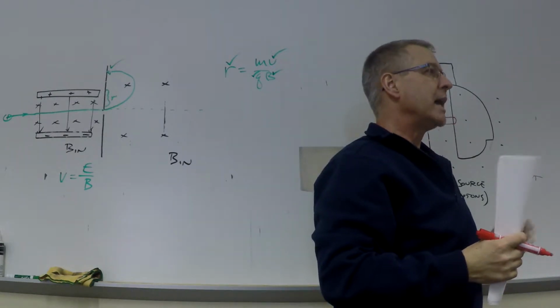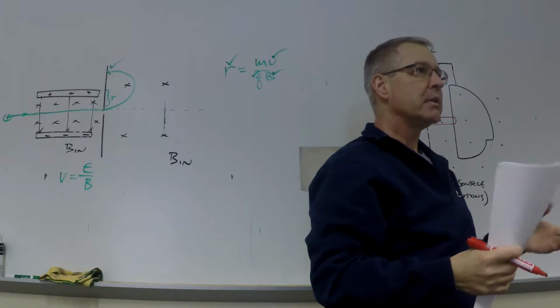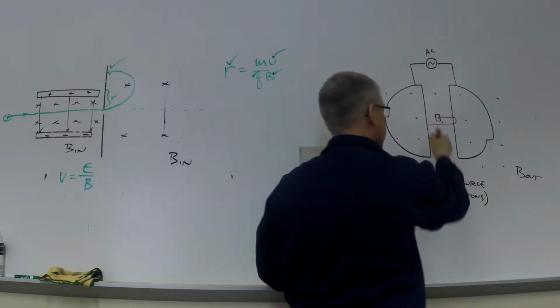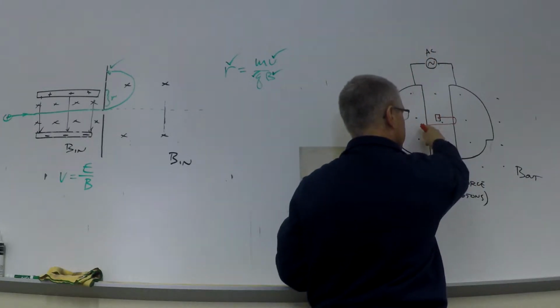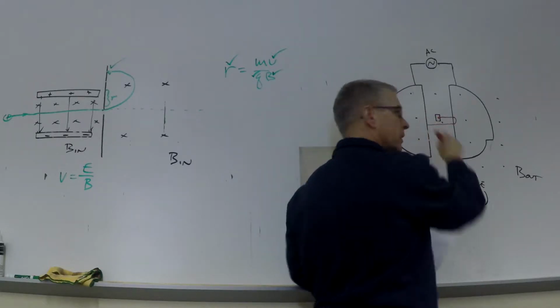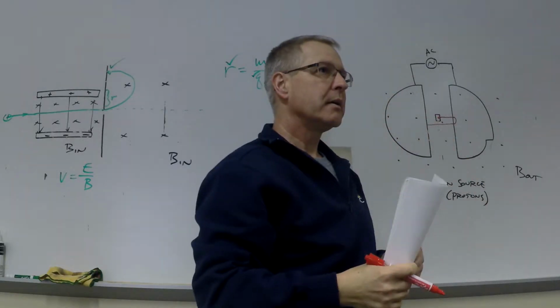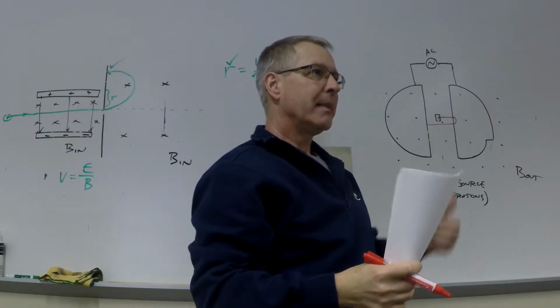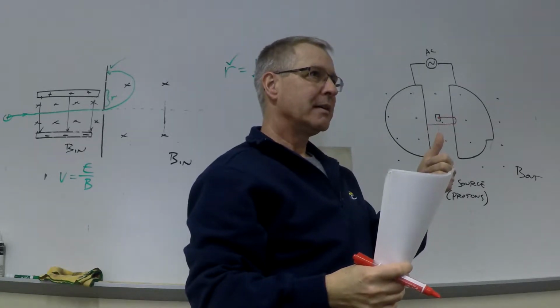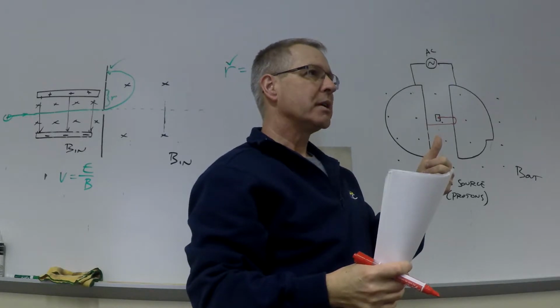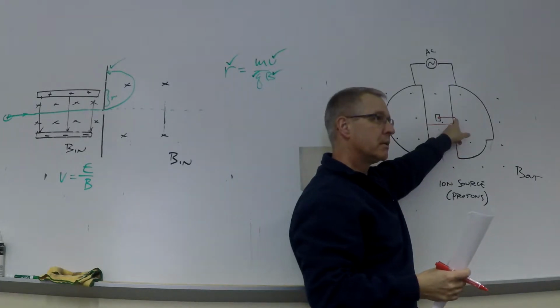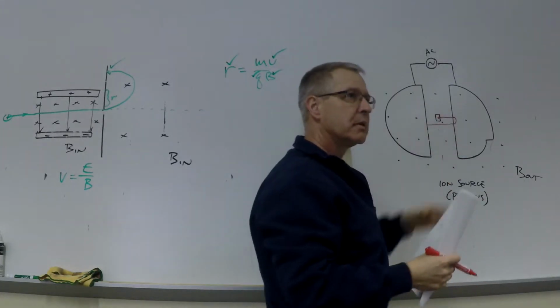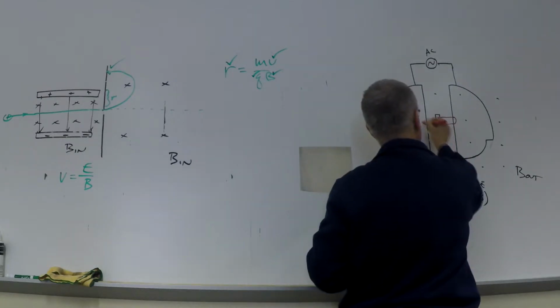Nope, we've seen that. It's going to go faster, faster, faster. Which means when it hits here, now it's out of the electric field, so it's going to curl, but which way? Up, right? And how is the radius going to compare to this first one? It's bigger because it's going faster. So a little bit bigger radius.